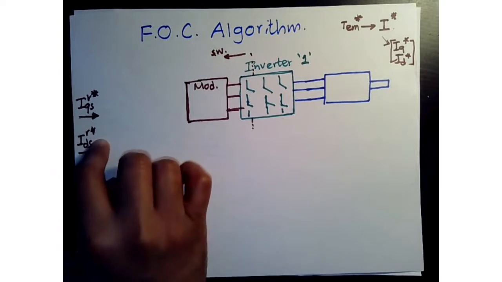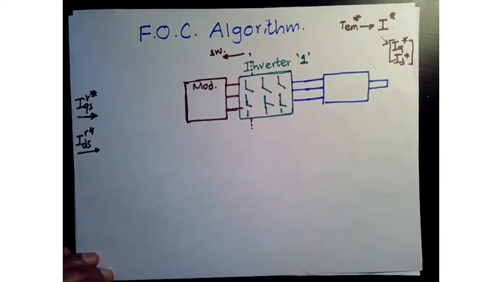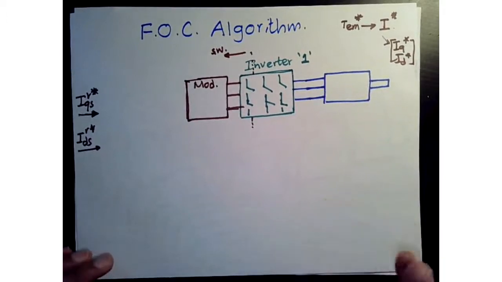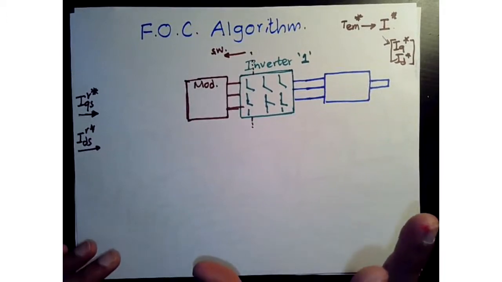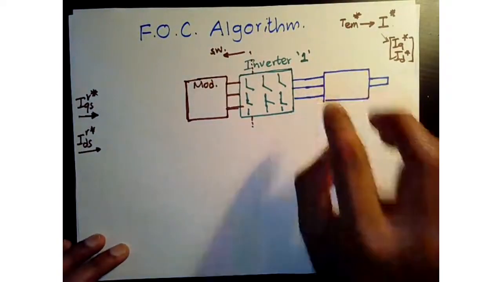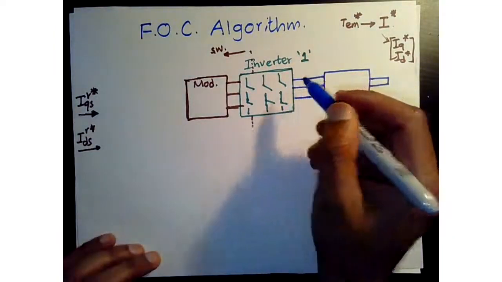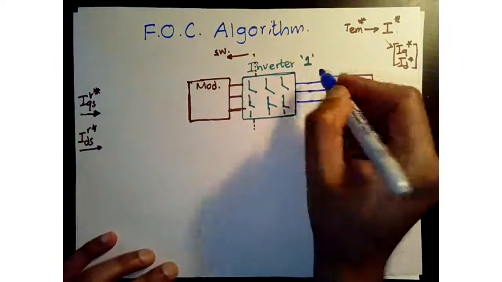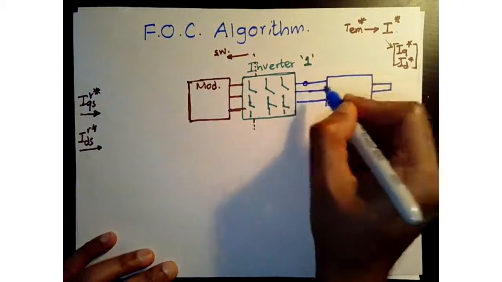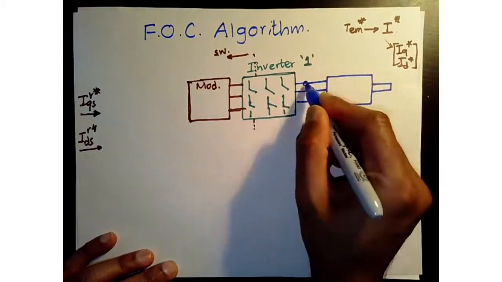You have a reference, but we need to know the true value before we do any regulation or closed loop system, right? Therefore, we need to measure the currents, right? We need to measure the three-phase currents. Some people just measure two and find the other, assuming a balanced system. But for our discussion here, let's assume all three are measured.